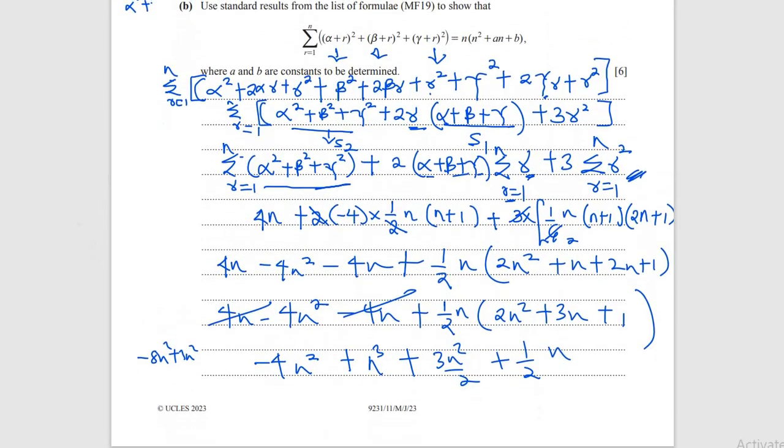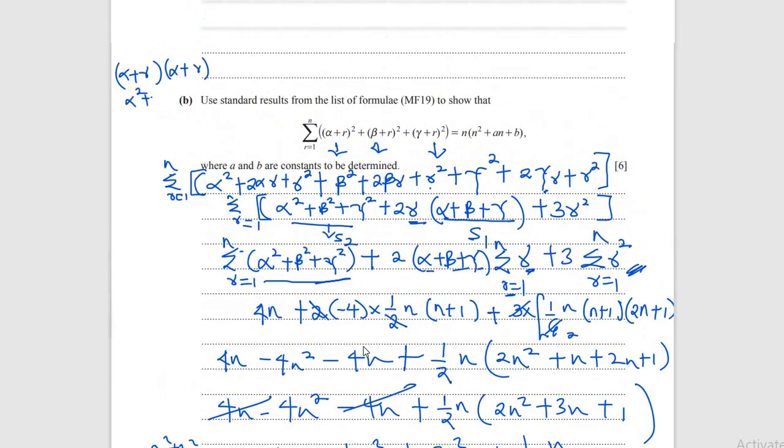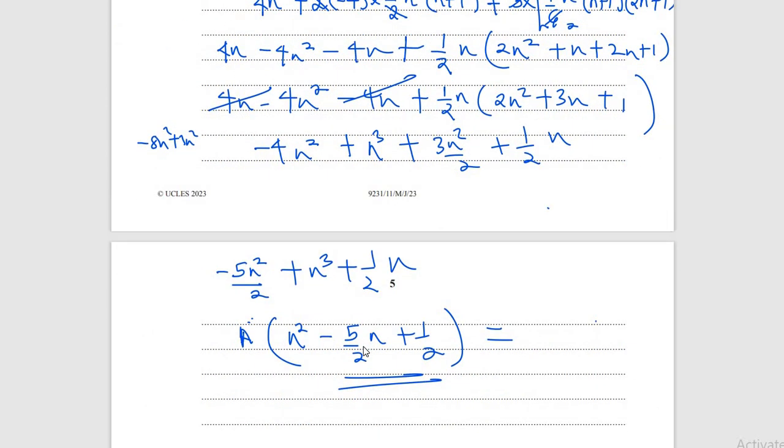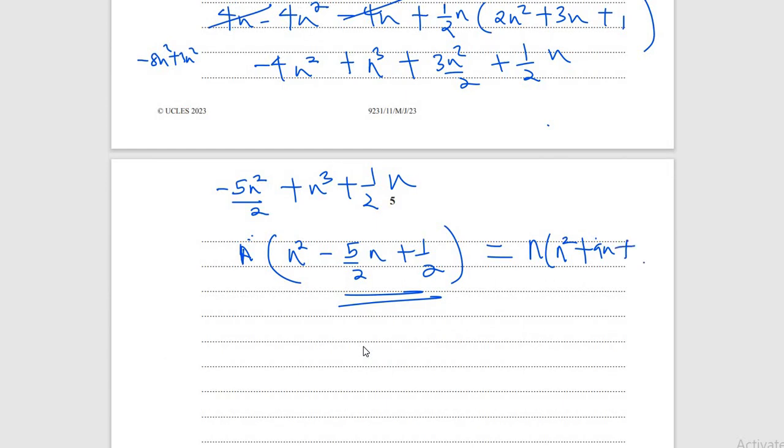Now, let's compare it to what they asked us to prove. They said, if you remember, this expansion we've expanded is equal to n into bracket n squared plus an plus b.